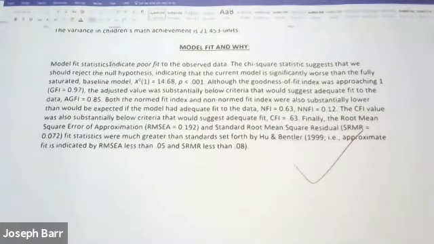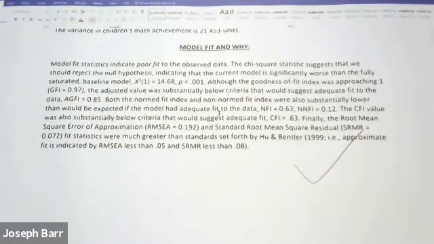And the model fit and why. So she said it's a poor fit. It didn't fit the data well. Why? Just list the goodness of fit: GFI, adjusted GFI, NFI, CFI. All of these are not high enough.